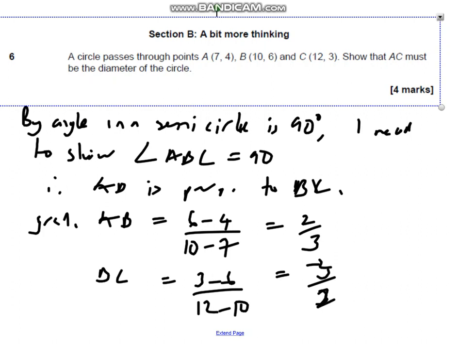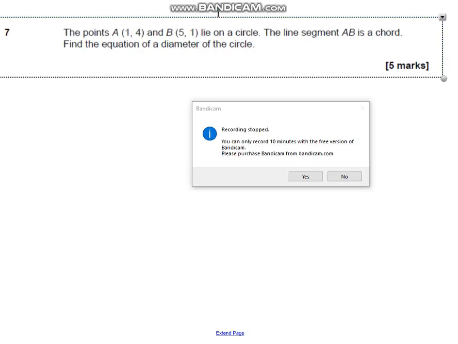And then if I multiply them together, 2 over 3 multiplied by minus 3 over 2 is equal to minus 1. So therefore AB is perpendicular to BC, which means the angle at B is 90, and therefore AC must be the diameter.